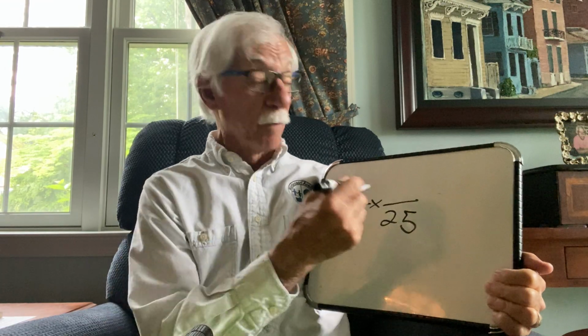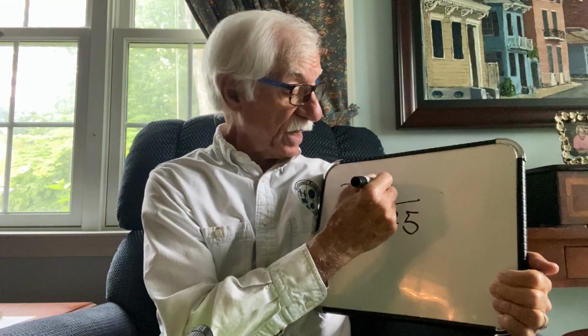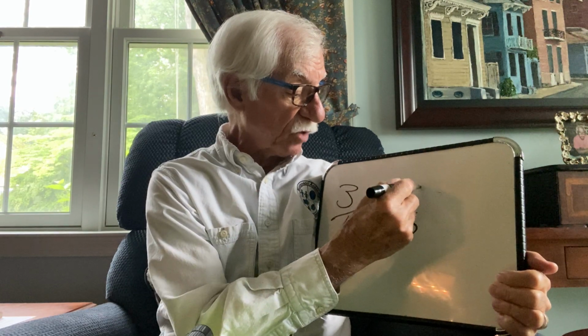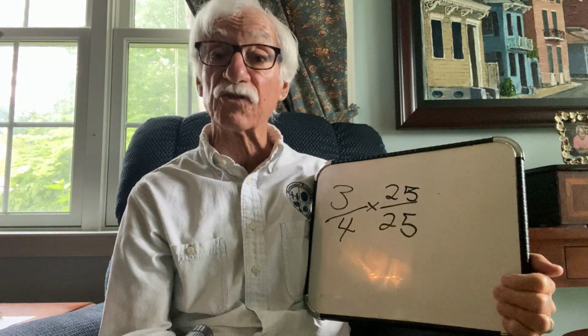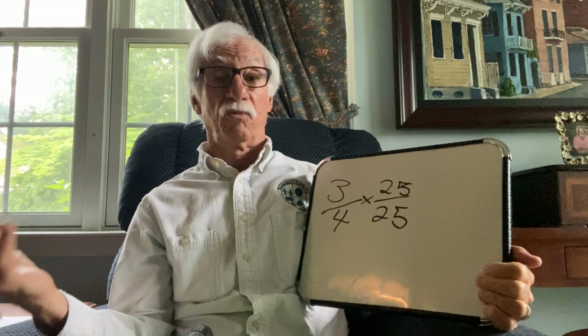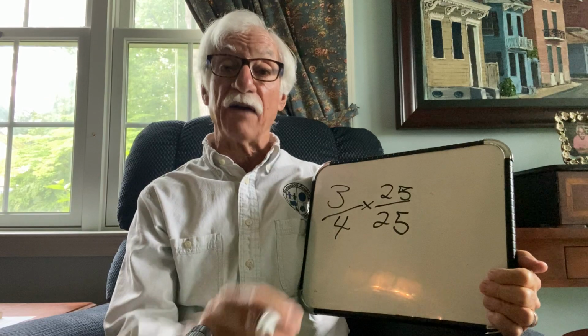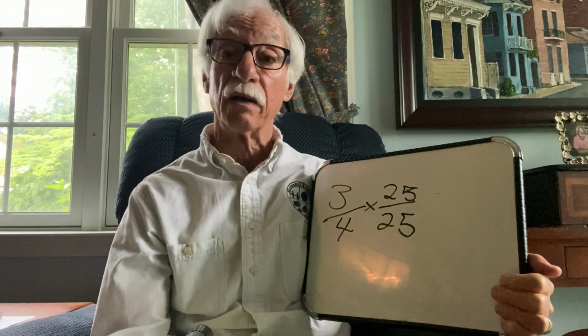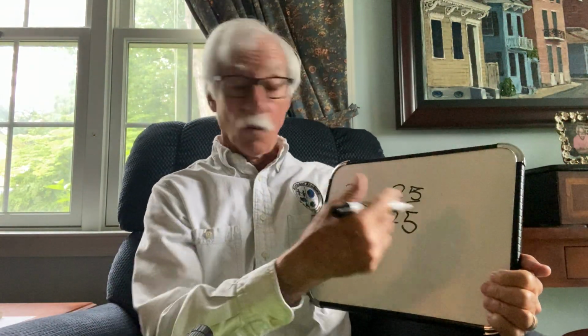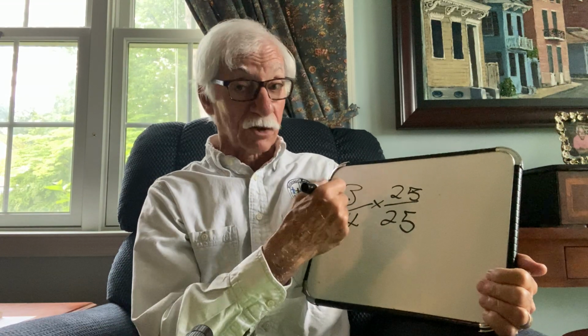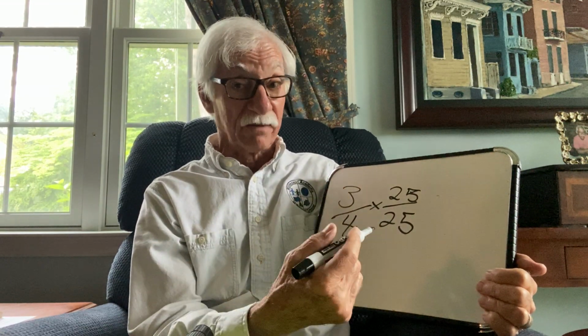All right? But I have to multiply by 1 whole. So that means if it's a fraction, I've got to multiply by 25/25. Is that a whole? 3/3 is a whole, 4/4 is a whole, 9/9 is a whole, 25/25 is a whole. It's 1. So I can multiply that by 1. I'll change the structure of the number, but I won't change the value. It's still going to be 3/4 when I get done.